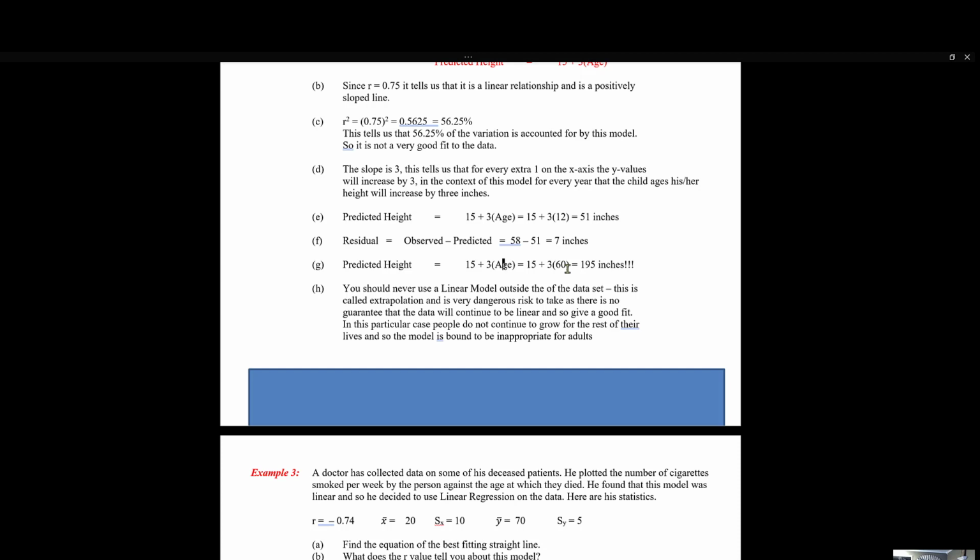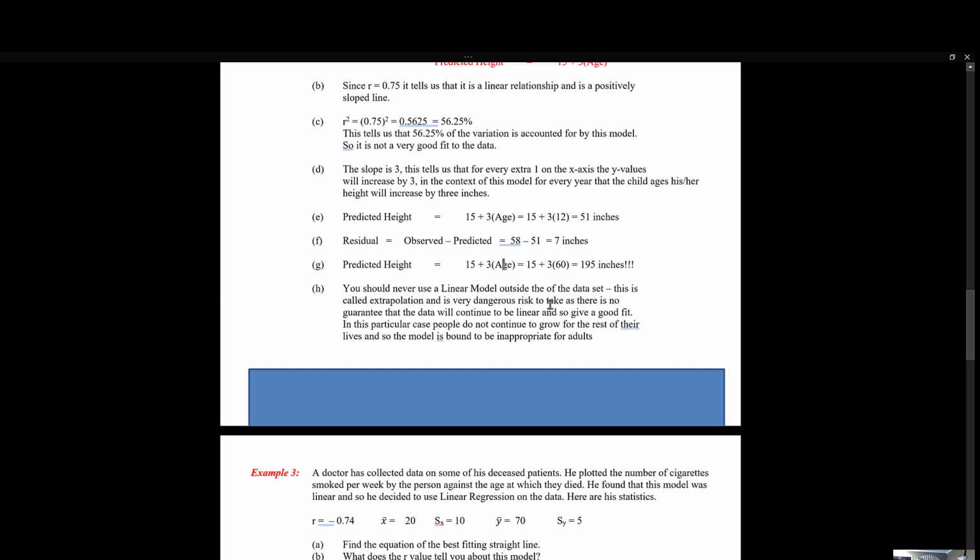But we all know that for almost every human being, you stop growing at a certain point in your life. And so what the model's predicting is that it kept on increasing throughout all those years, which it certainly wasn't. So the moral of this story, and the jargon term that's used here, is extrapolation.